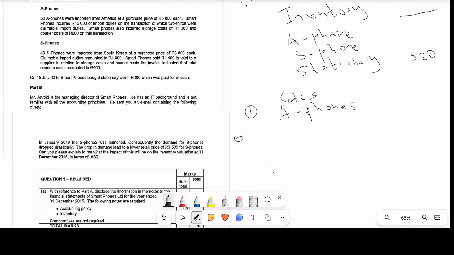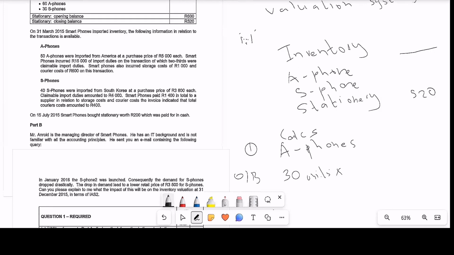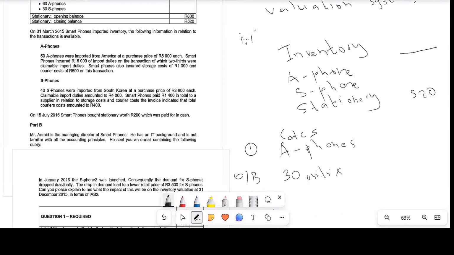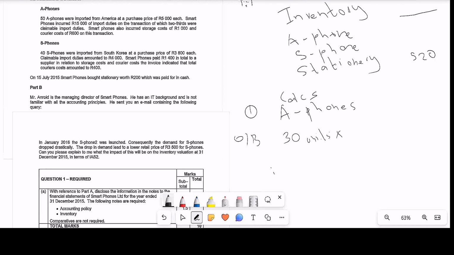So here it's gonna be the opening balance plus 30 units. Yeah, that's 5,000 per phone. So here it's gonna be 150. Let's use the handwriting, guys.